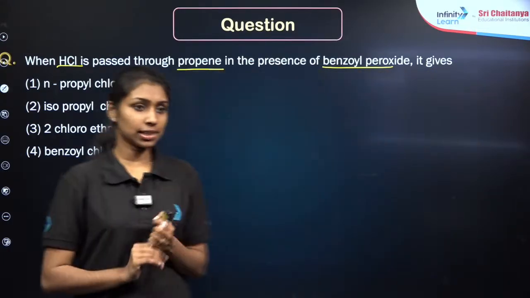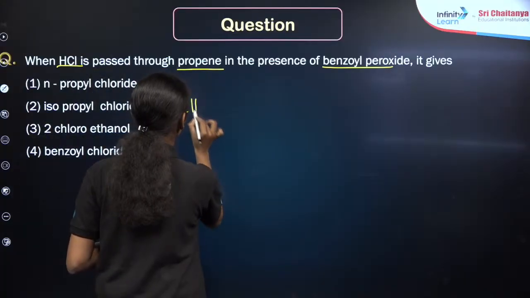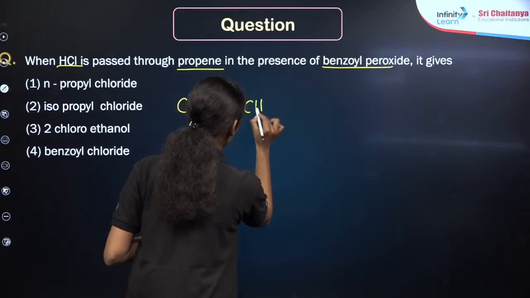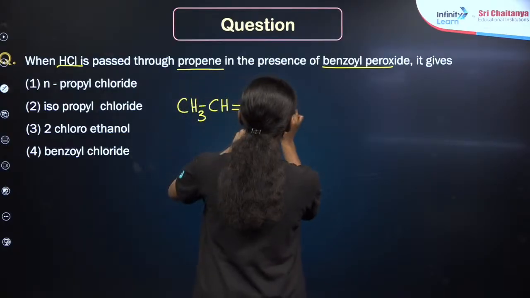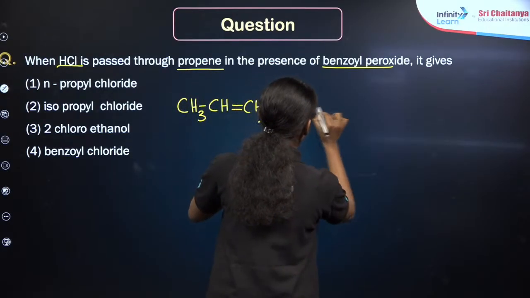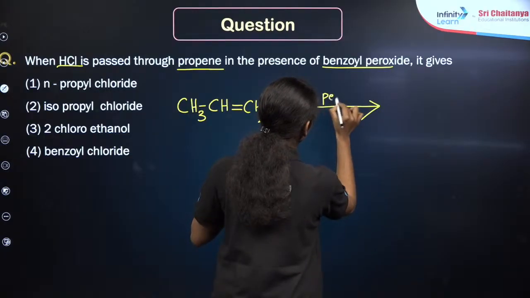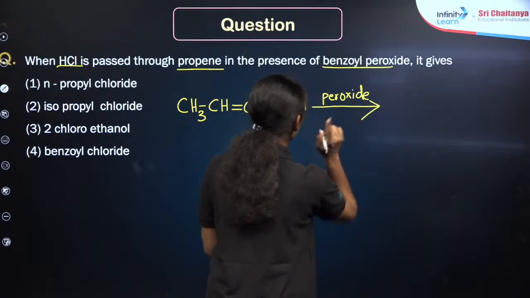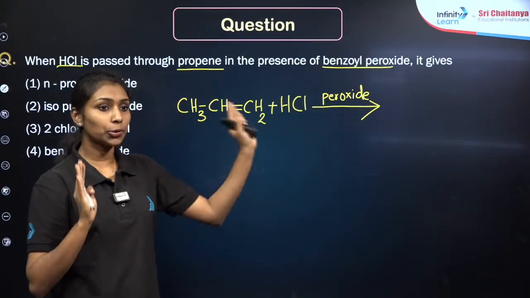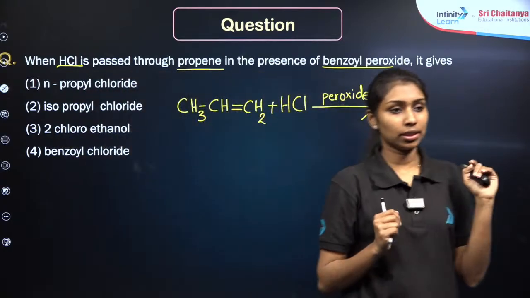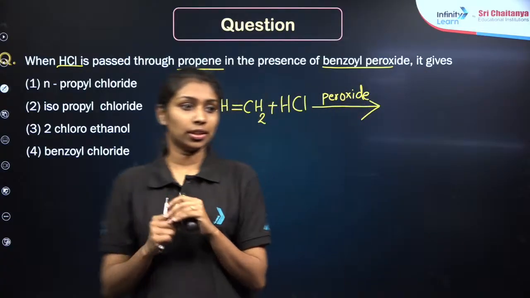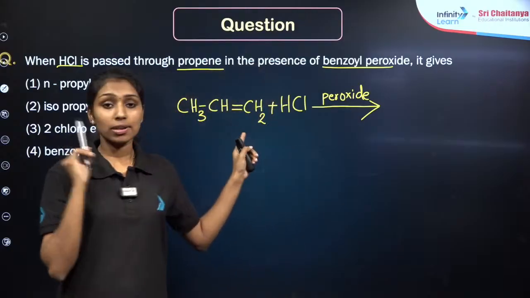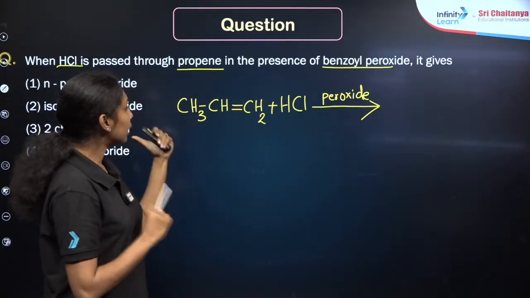Propene, right? So we are just taking propene here. This is our propene. I'm adding HCl in presence of peroxide. Here it is given as benzoyl peroxide. So many of you may make the mistake that when you see peroxide, you will directly go to the anti-Markovnikov rule.